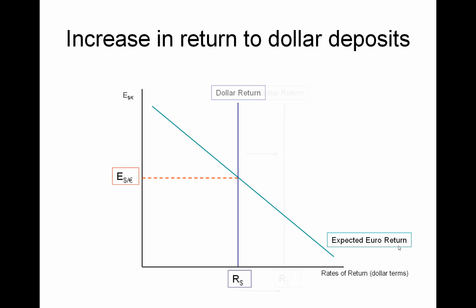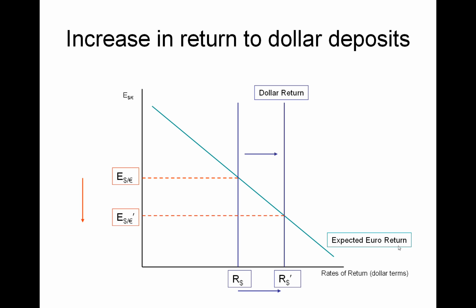It should go to the right. When we have a shift of this curve to the right, then what's going to happen to the equilibrium exchange rate? We're going to find that the equilibrium exchange rate goes down. So remember that this is actually going to be an appreciation of the dollar.